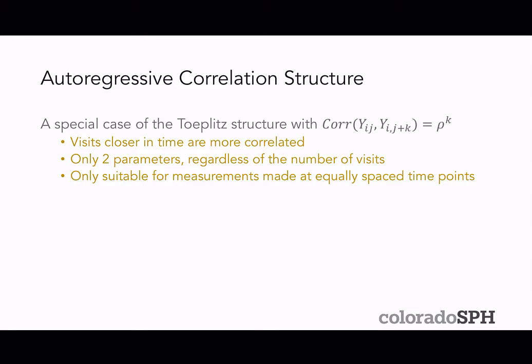So a very popular correlation structure is the autoregressive correlation structure. And this is actually a special case of the previous structure, where you assume that the correlation between time j and time j plus k is some exponentiated version of rho. And so let's just assume 3 time points here to make it a little bit easier to see.